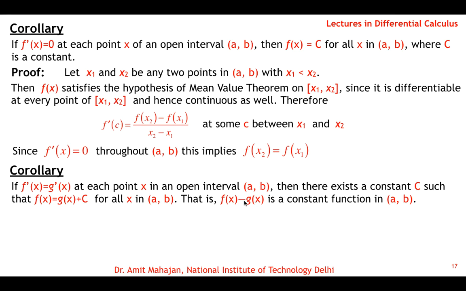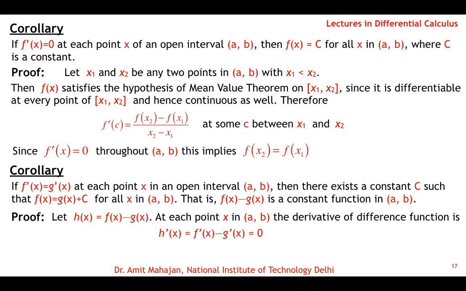That is, the function difference is a constant function in AB. So this is also an important result in the sense of what functions will have equal derivatives. Only those functions which differ by a constant will have equal derivative at each point in an open interval AB.